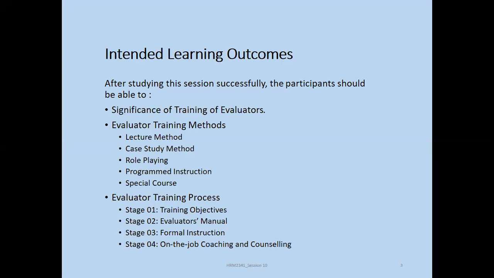There are several methods we can use to train our evaluators, which we are going to discuss in this session. Then we move to the evaluator training process. There are 4 stages of the performance evaluators training process.